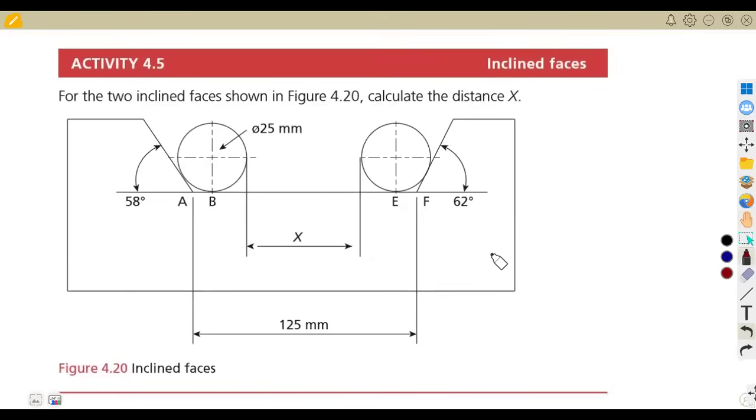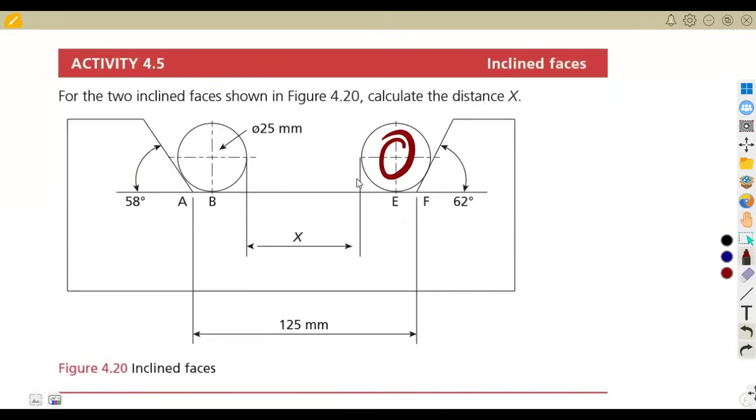We are given this one. We're going to go to that one later after this. For the two inclined faces shown in Fig 4.20 here, calculate the distance x. There is a distance x there. So if you consider what we have, we've got the different angles that we are given there, but these are identical. The diameters are the same.